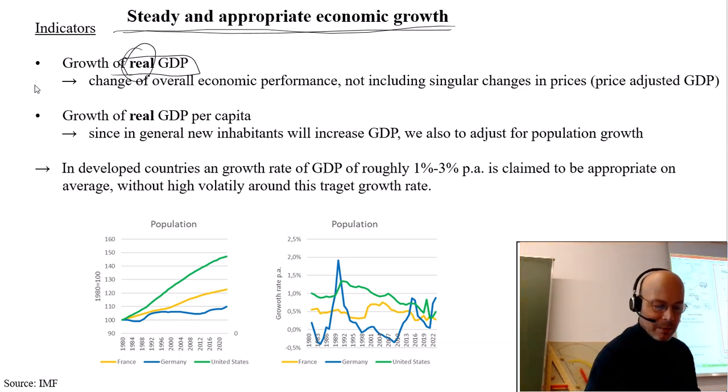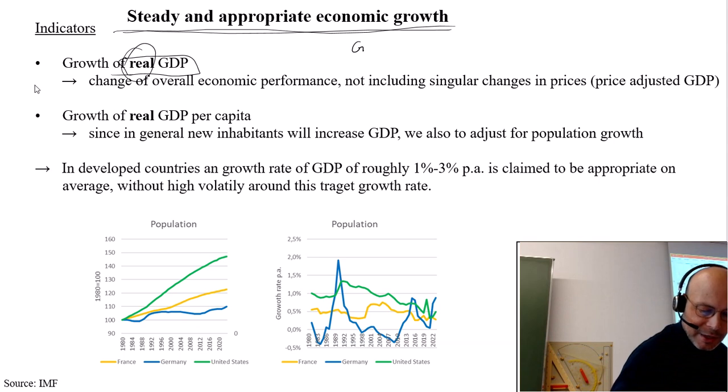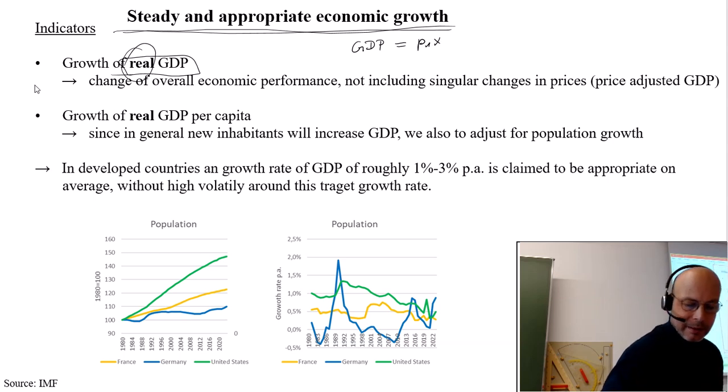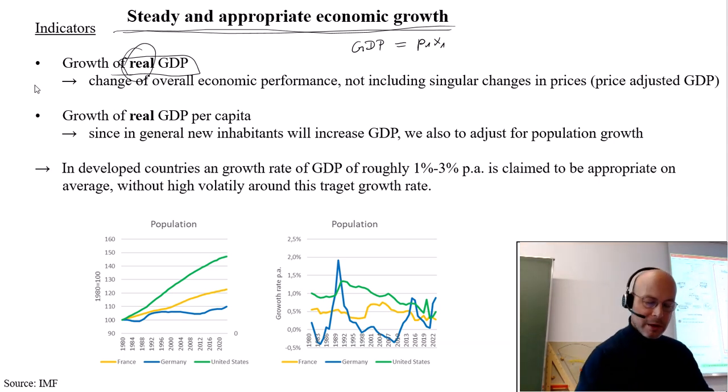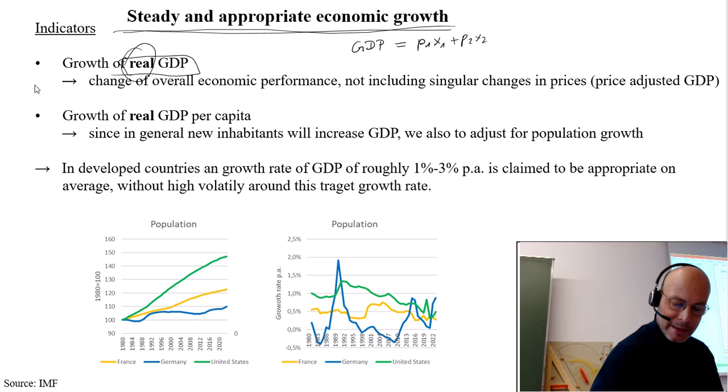So to speak, we can say that GDP is just the sum of the price of good one times the quantity of good one, P2, X2, and so on, let's say N goods.